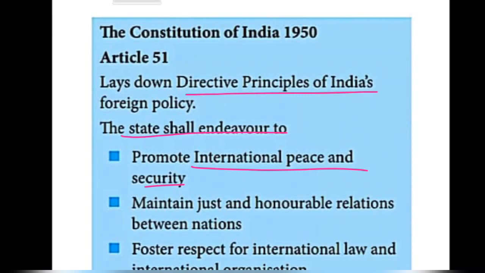The first is to promote international peace and security. Second, to maintain just, in the sense fair, nyayamana, and honorable relations between nations, in the sense between two nations, a bilateral contract.